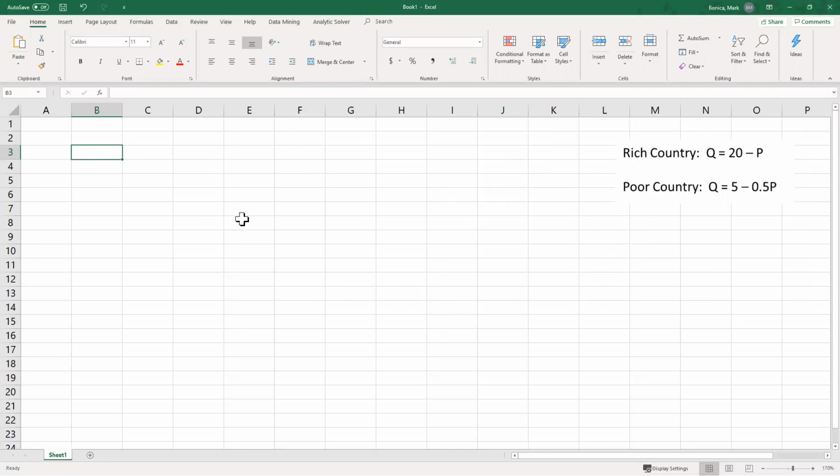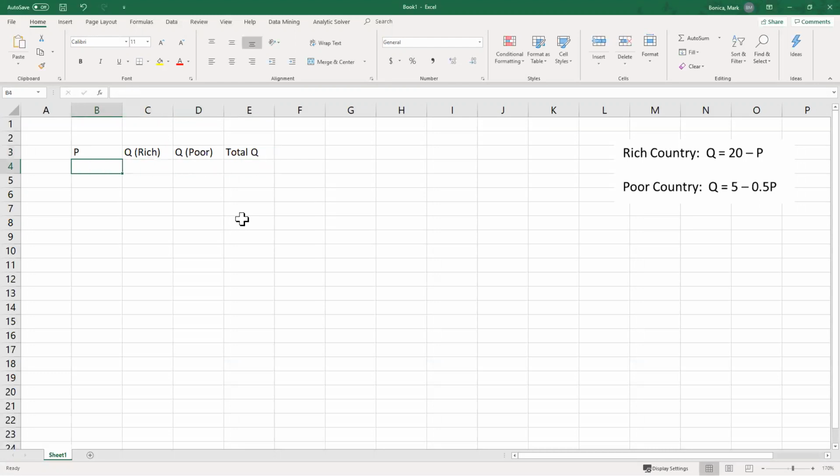And so we'll start by just putting the price and quantity. So if we have a quantity for the rich country and quantity for the poor country, and then total quantity.